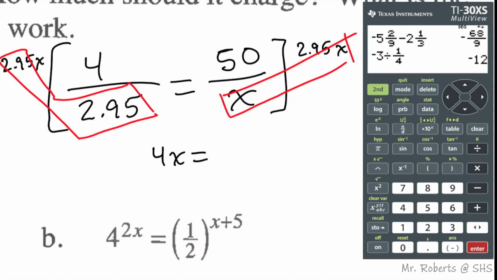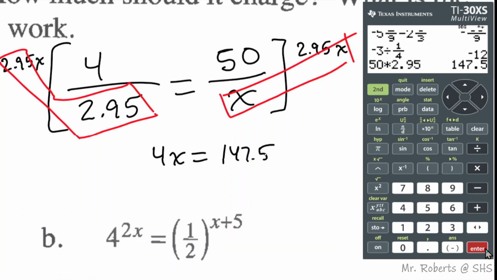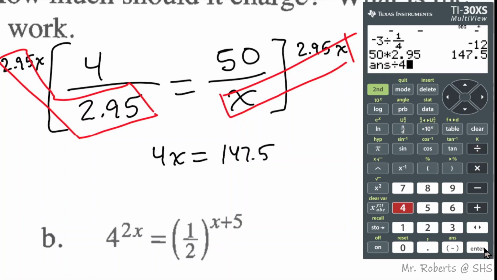Let me click 50 times 2.95. It says that is 147.5. And then if I divide that by 4, I get $36.875, or $36.88 if I round to the nearest penny.